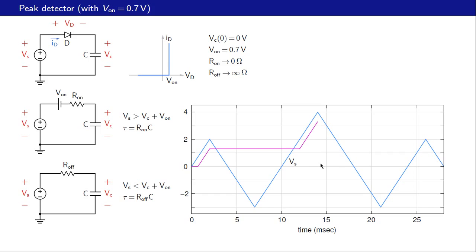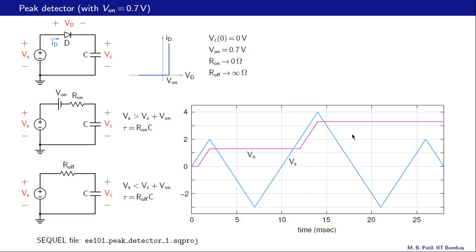like that. Now at this point the input voltage Vs starts decreasing, and therefore Vd becomes less than 0.7 volts. The diode stops conducting, and we have this situation, and there is no way the capacitor voltage can change anymore because the current here is 0, and that is what we have here.